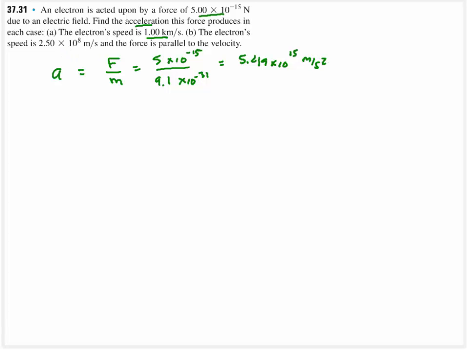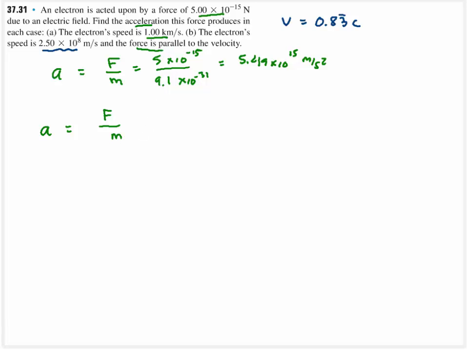Now let's do it in the relativistic sense, and right over there that tells me that my speed is going to be 0.83 repeating multiplied by c. And essentially I'm going to say that the acceleration is going to be equal to the force divided by the mass, only this is the relativistic mass.